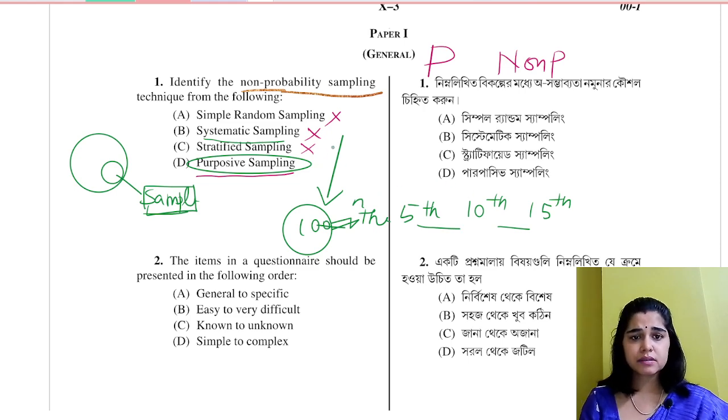And what about the next? Next is stratified sampling. I will explain this to you with the help of one page. I want to insert a page.